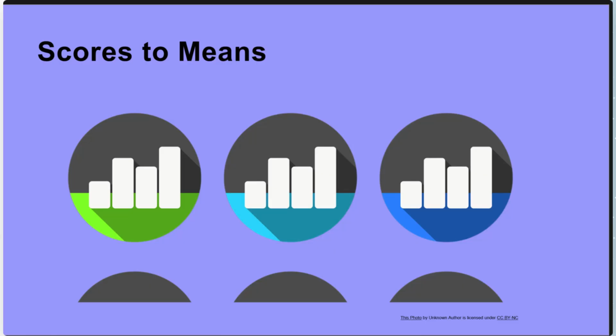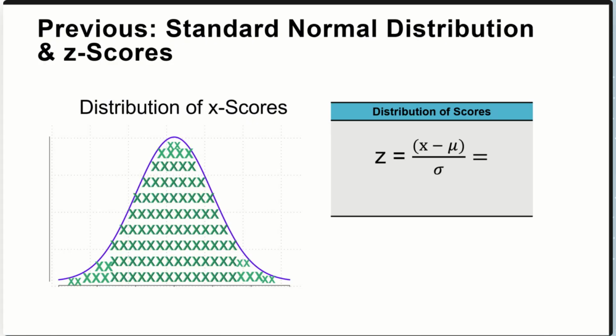So let's just talk about this transition from scores to means. If you imagine what we were talking about in our area under the curve, where we were looking at the standard normal distribution and the z-scores, when we first introduced this idea of answering area under the curve questions, we were computing a z-score by taking an individual x value, which is an individual raw score, and putting it into our z-score formula, and then trying to answer some sort of question about proportion or probability, either below, above, between two, or outside two.